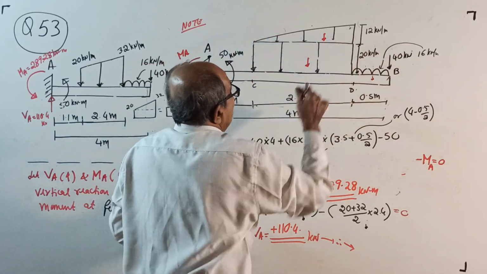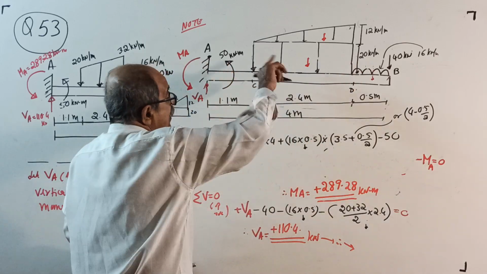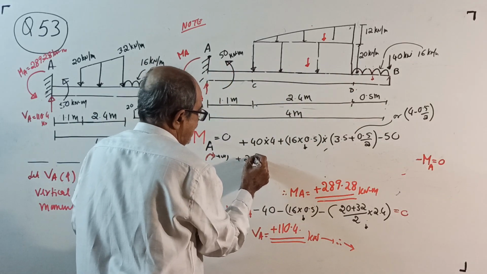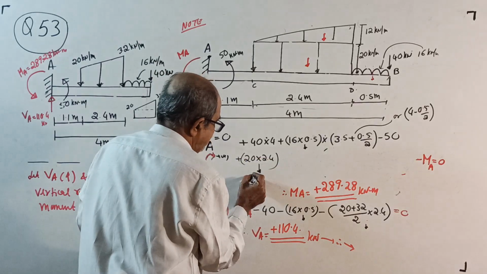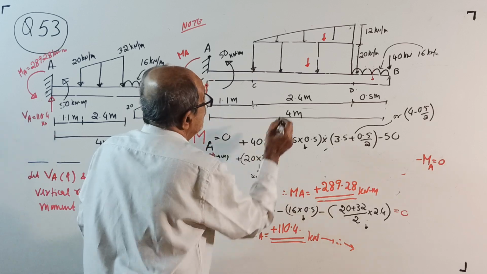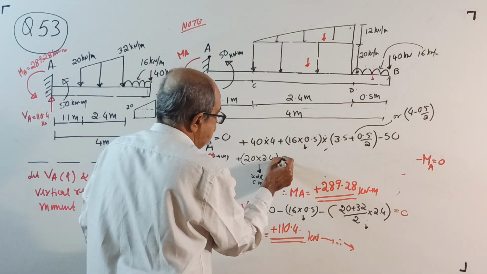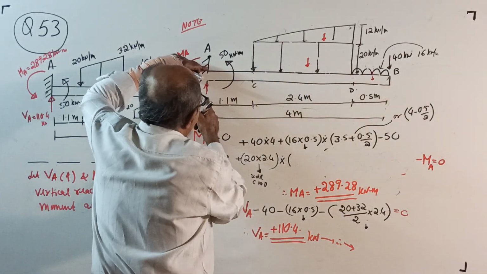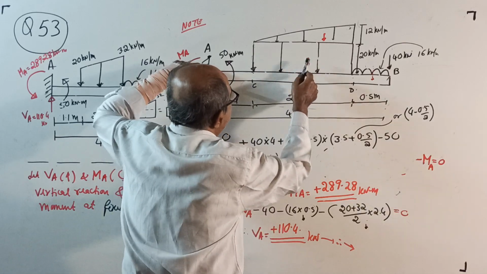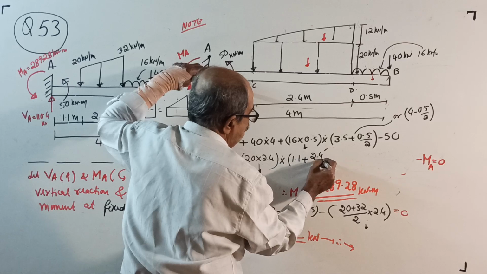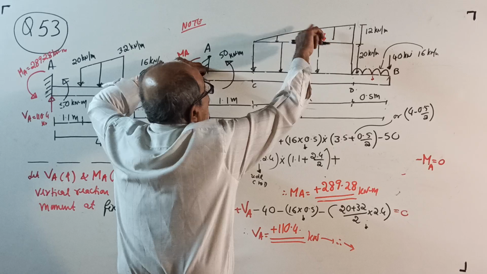First this rectangle: 20 kN per meter for 2.4 meter, so clockwise positive. 20 kN per meter for 2.4 meter is the total UDL, the UDL from C to D. You write here, UDL from C to D into 1.1 outside plus from here to here the center, 2.4 by 2, is one clockwise moment, and another moment again clockwise.